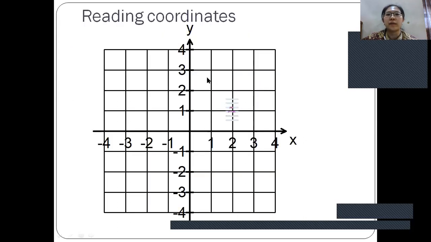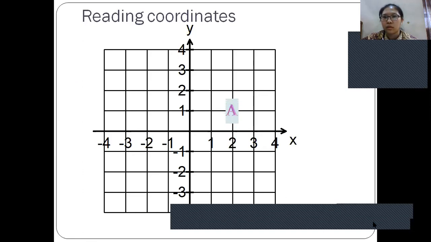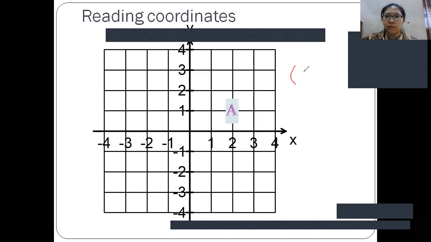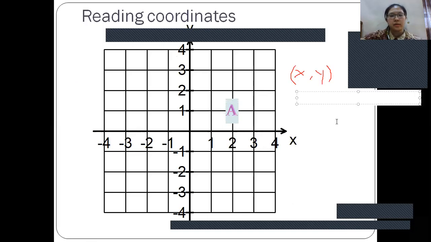Let's look at A. A is in this position. How do we read A? We write coordinates X first, then Y. What is the coordinate of A?